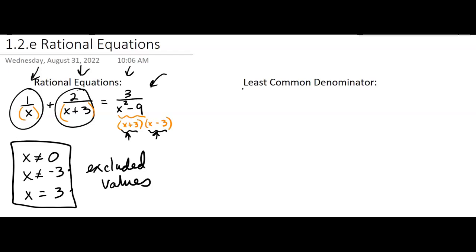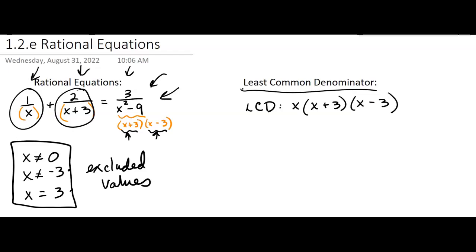Now, we can clear the fractions, so to say, by multiplying by the least common denominator, just like we did in the last video. So what you have to do is you look at all your denominators and say, what would the LCD be here? Well, in this case, you would have a factor of x, you'd have a factor of x plus 3, and you'd have a factor of x minus 3.